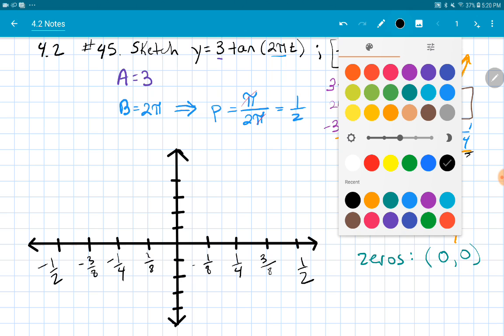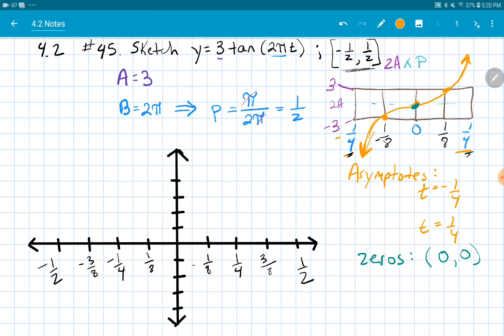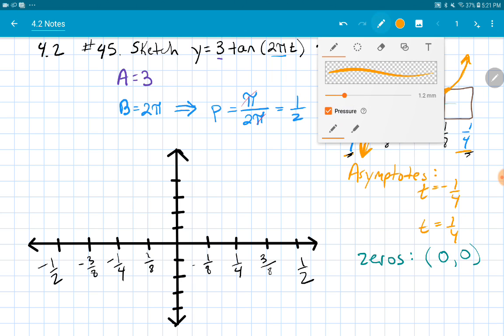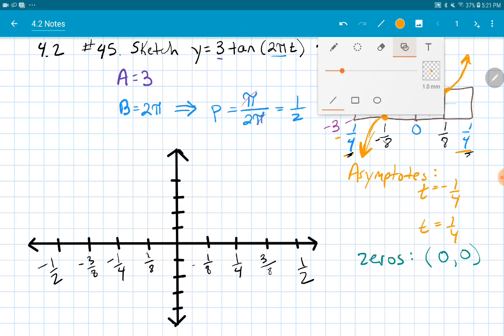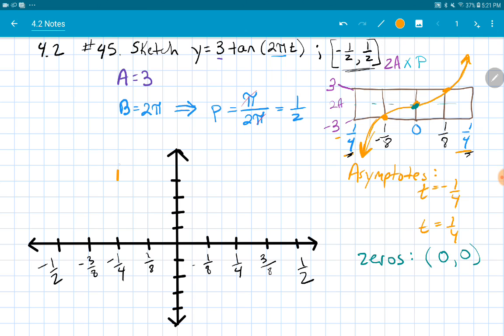Two periods here. So we have the asymptotes at -1/4 right here, and +1/4. But that actually is going to be repeating. So again, maybe not on this graph though. No, so that's all the asymptotes within this interval.